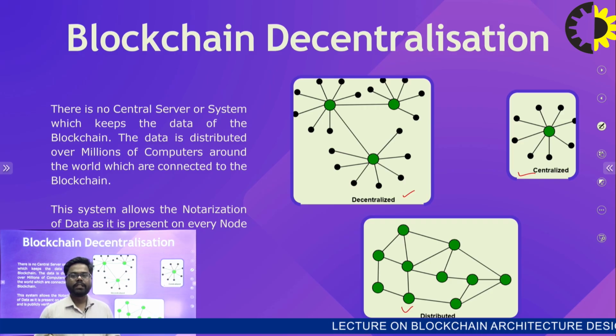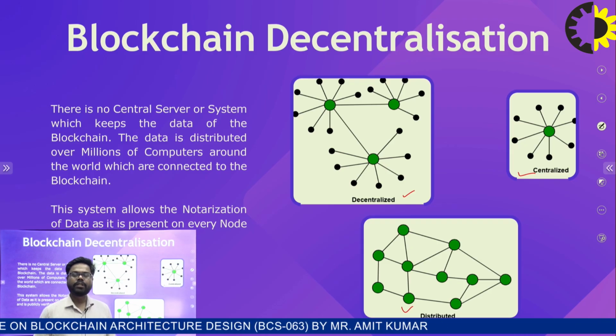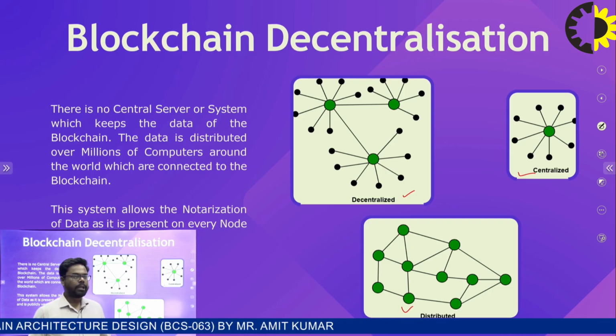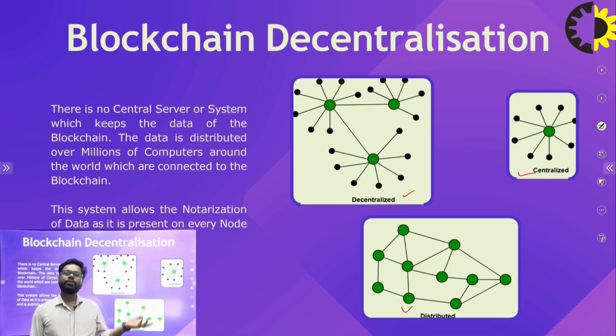If the centralized system is hacked, or jammed, or anything happens, all the nodes will not work, because the centralized has all the access to do everything.